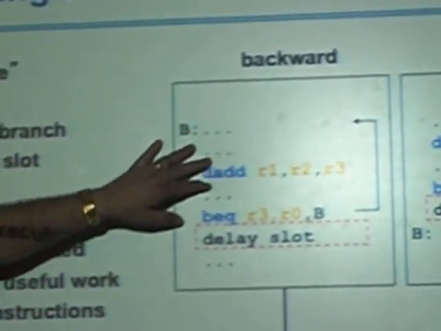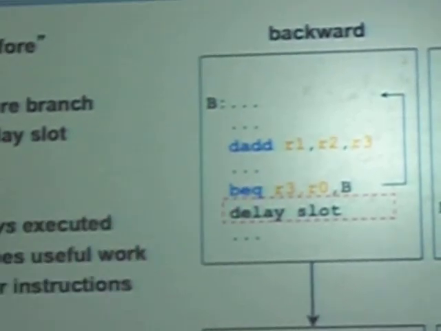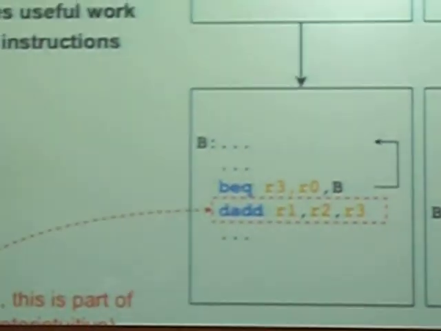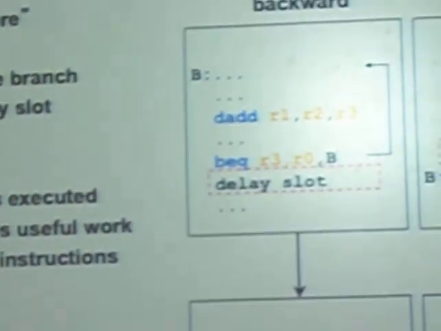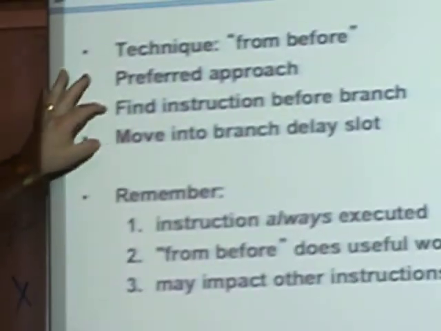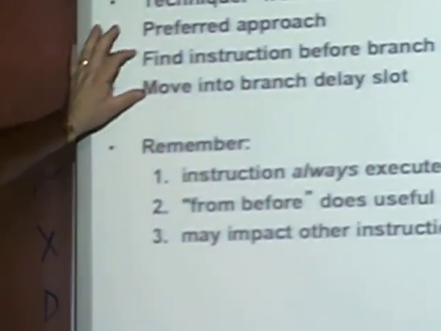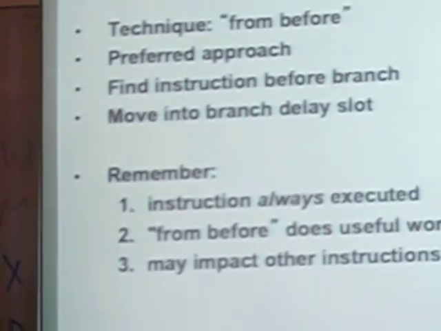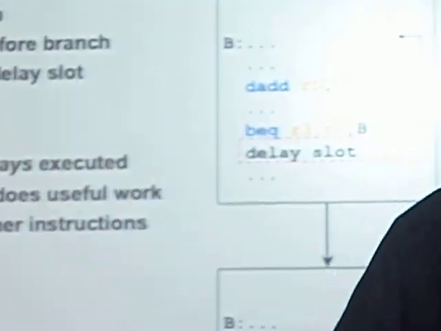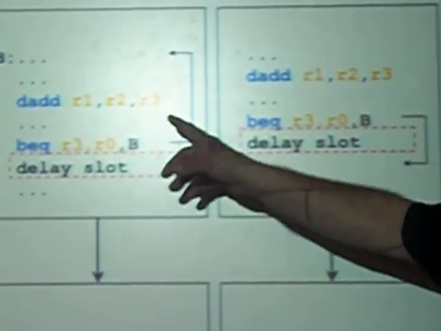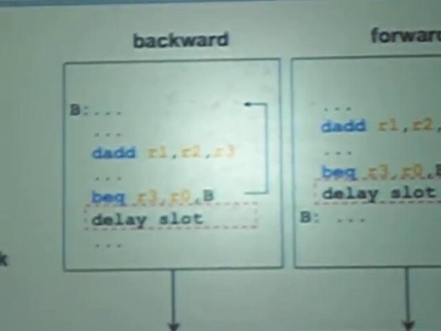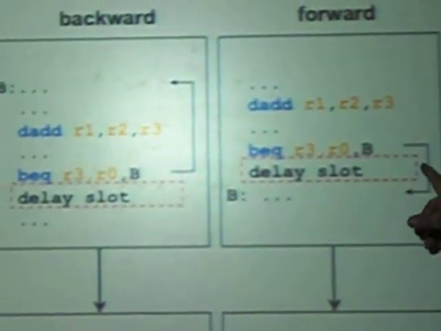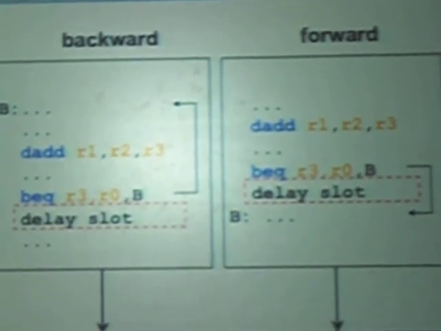And here's what we do. We find some instruction that came from before the branch, and we move it there. For example, right here, we took this instruction and put it in the delay slot.